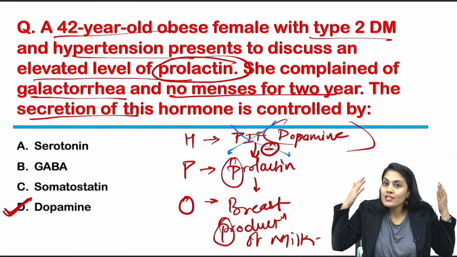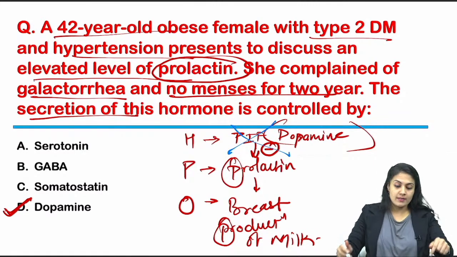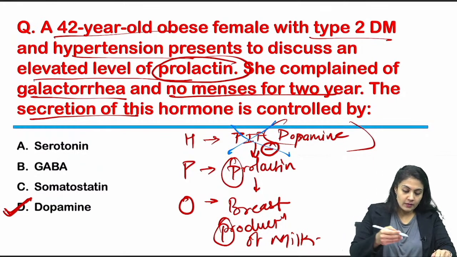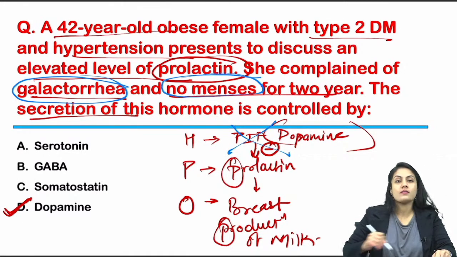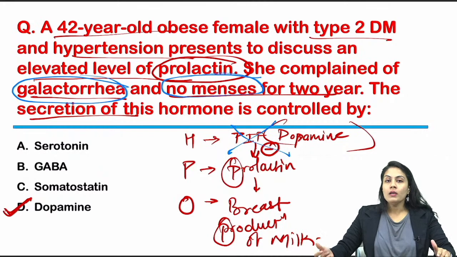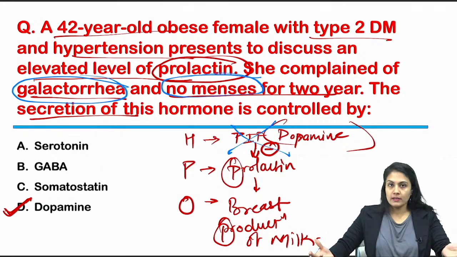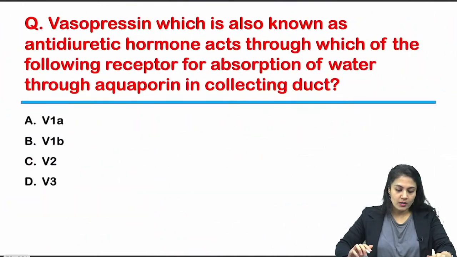Prolactin is also responsible for the lactational amenorrhea, which is there in the patient. Over here she has no menses, okay? So amenorrhea is there because the prolactin is high. In a normal lactating woman, it causes the amenorrhea, which is called lactational amenorrhea. Okay, let's move on to the next question.